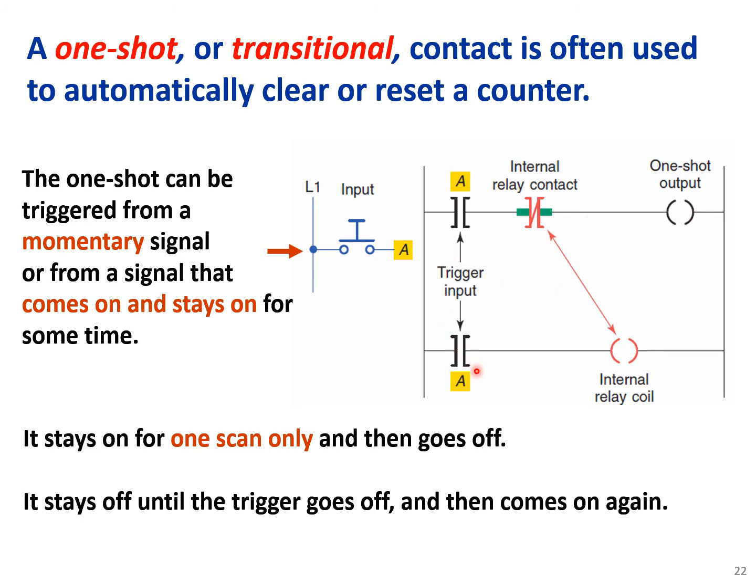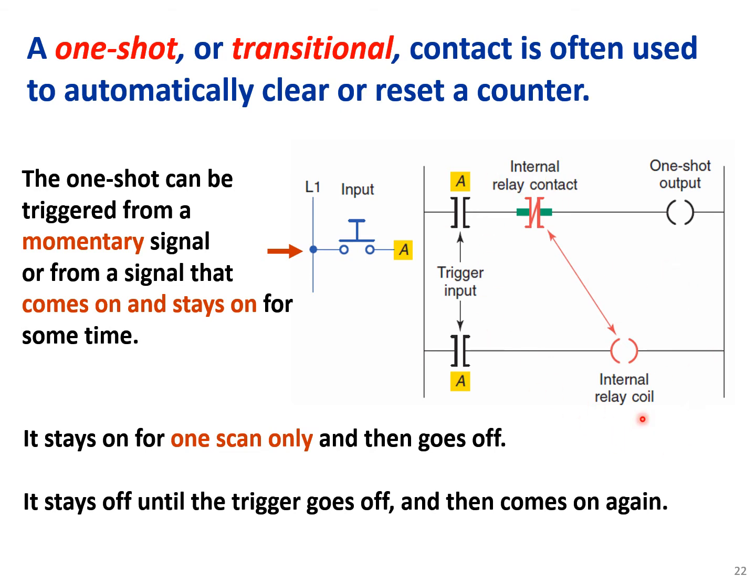In the next rung, since the trigger input is still on, the internal relay coil will turn true. Now, in the second scan, the internal relay coil is still true, and the negated value of that will be false. So the one-shot output will become false. So it shows how it works.